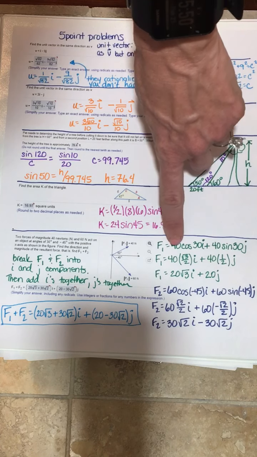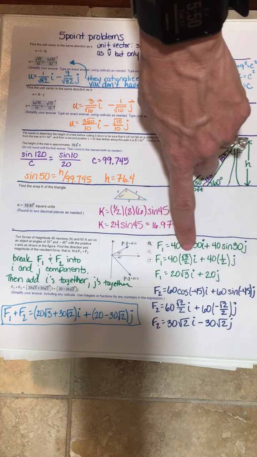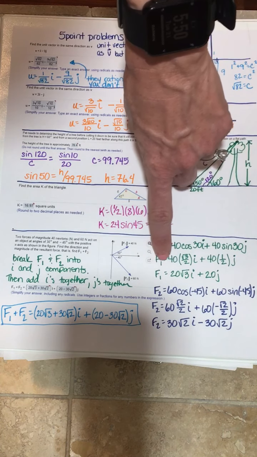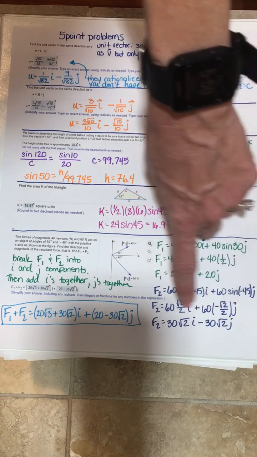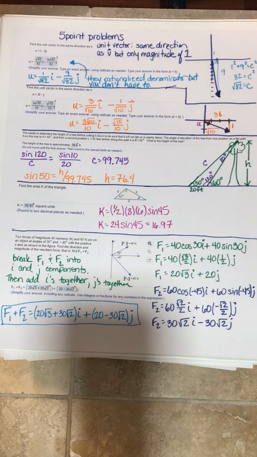So I get F1 is 40 times the square root of 3 over 2 I plus 40 times 1/2 J. So F1 becomes this lovely, more complex looking version of a force, but it's just broken down in x and y components. But that way we can add them and subtract them.